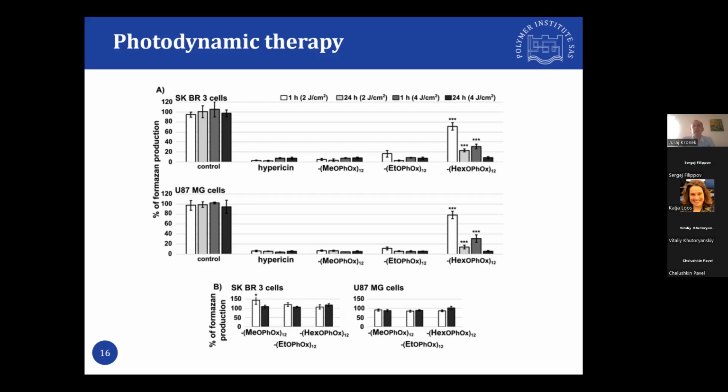It means we can regulate the rate of the photodynamic therapy by the structure of the used gradient copolymers. At the bottom of the slide, you can see the MTT assay and viability of cells without light, and you can see encapsulated hypericin did not have any adverse effect on the used cells.